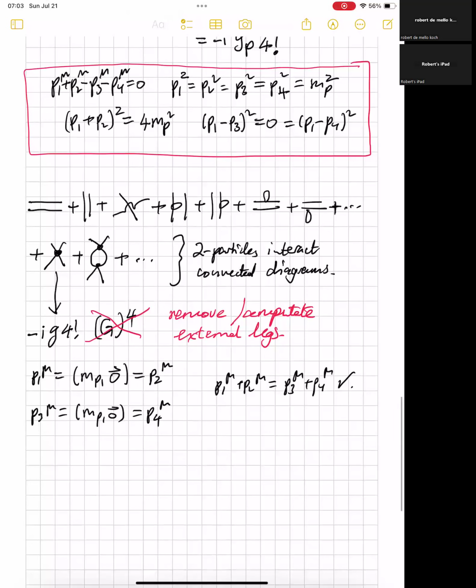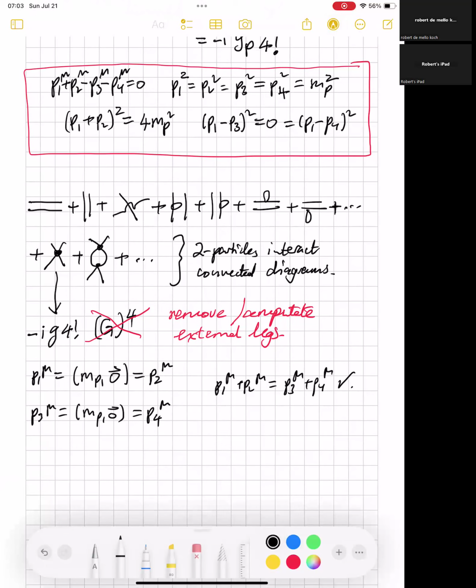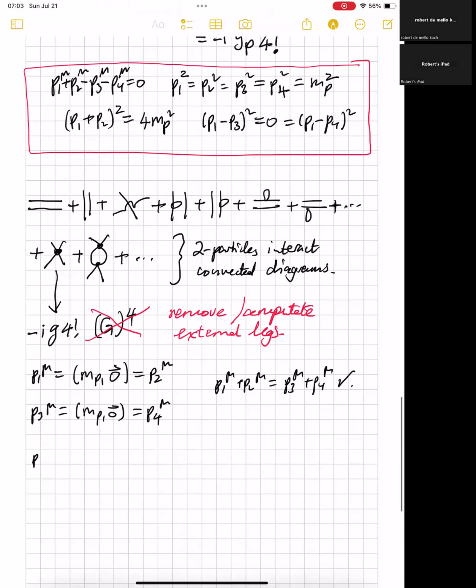So what is that telling us? Well, take a look. What that line is telling us, if we add P1 plus P2, well, we get 2 MP1 and naught for the 4 momentum. So if we work out what this 4 vector squared is, it really is 4 MP squared.